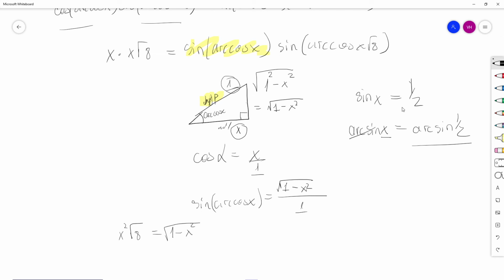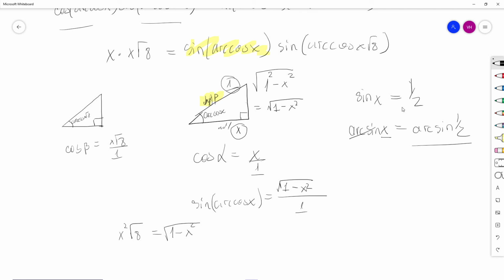Now exactly the same process is done for this side, and let's draw a triangle for this side. We get 90 degrees. Here we have arc cos of x root 8. So then cosine of, let's say, beta gives us x root 8.